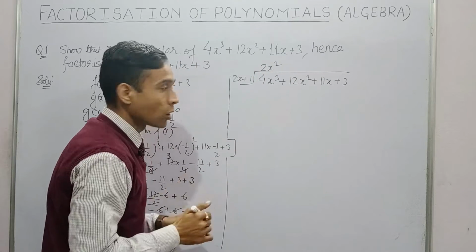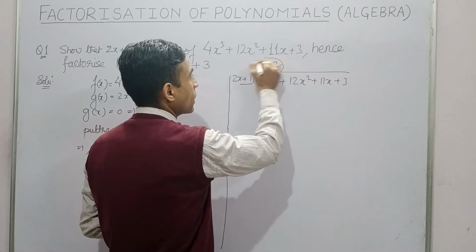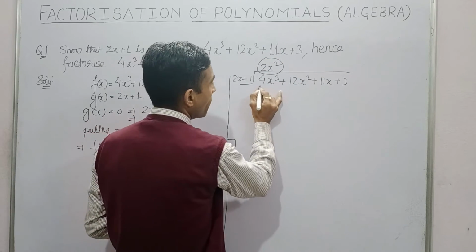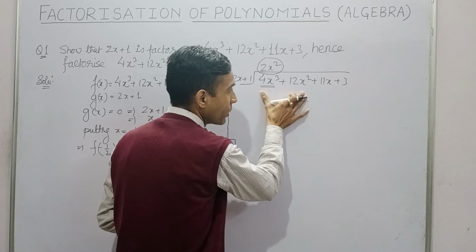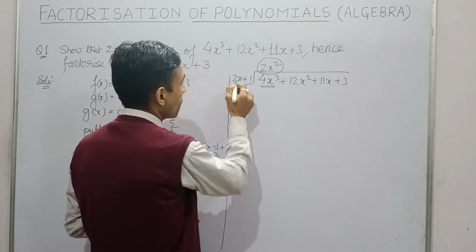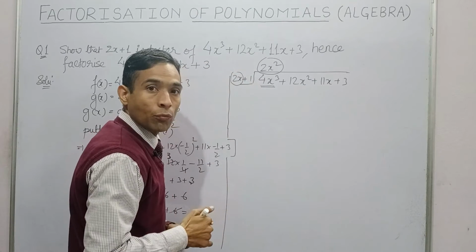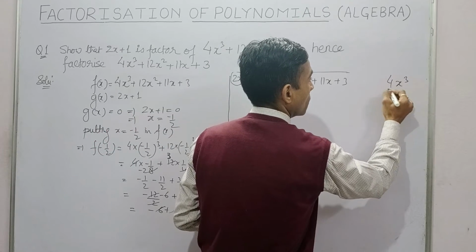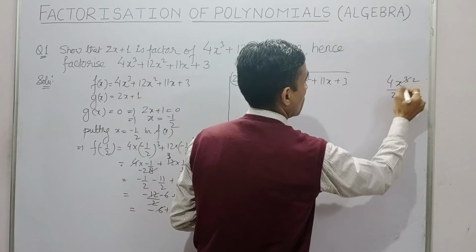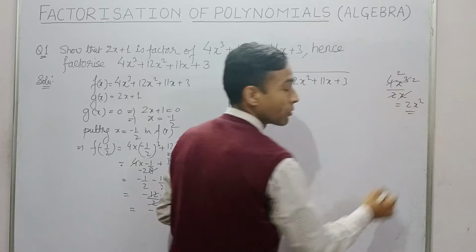Now, those who do not know what factor will come here, you have to divide the first term of the given polynomial by the first term of the divisor, and this will give you the same factor.